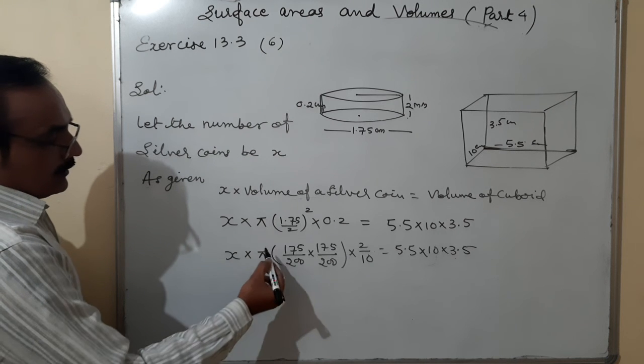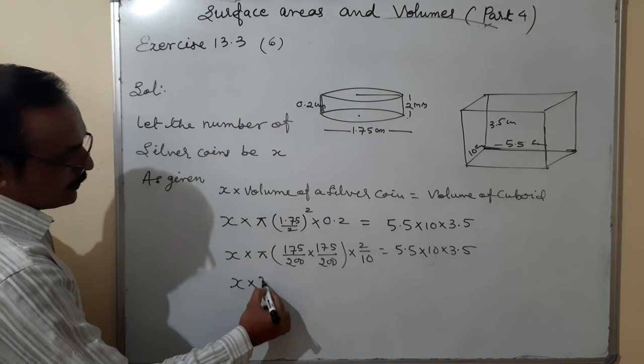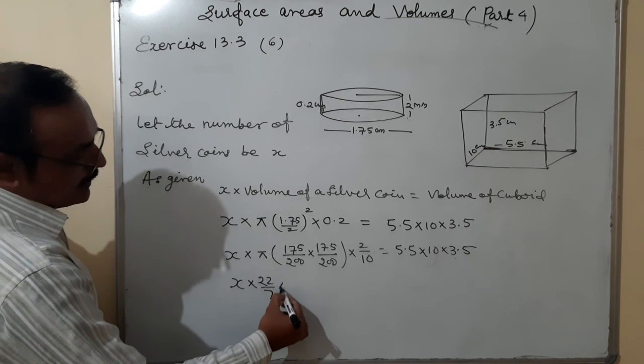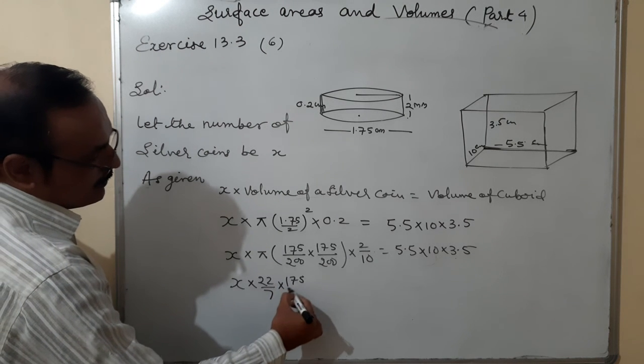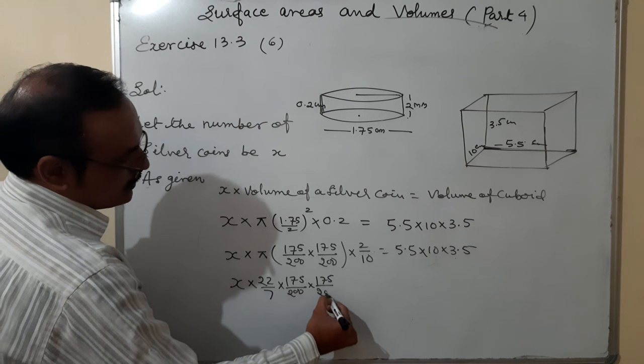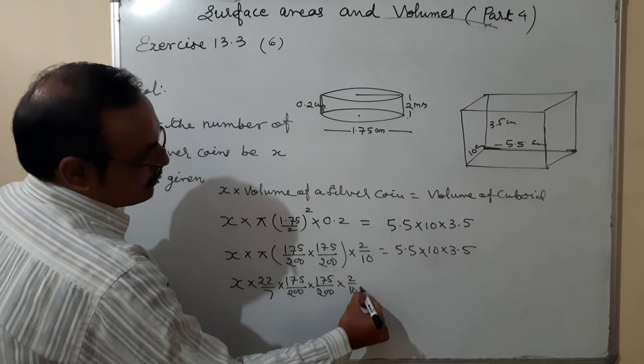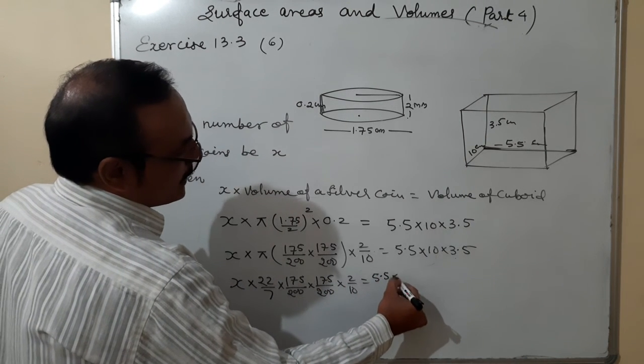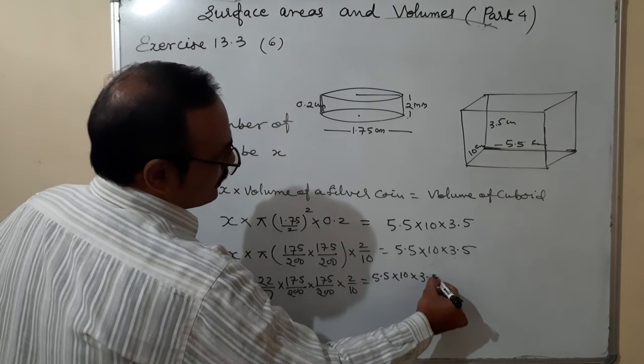So x multiplied by 22 upon 7, the value of pi, into 175 upon 200 multiplied by 175 upon 200 multiplied by 2 upon 10 is equal to 5.5 into 10 into 3.5.